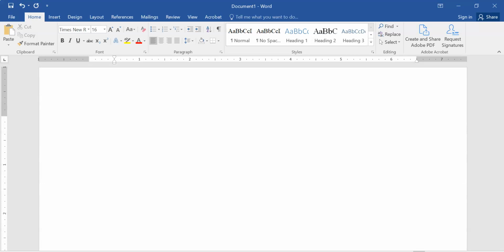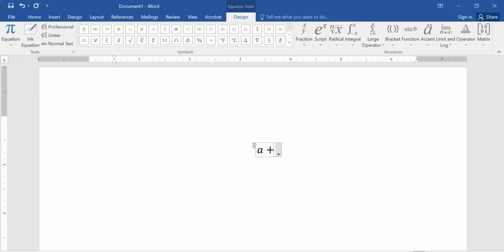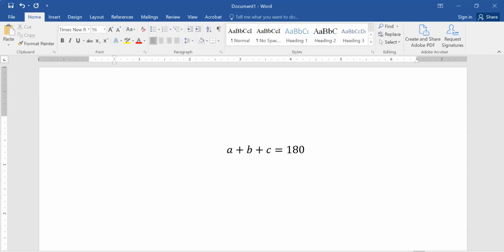The formula for 3 angles of a triangle is that the 3 angles, which we called A plus B plus C, have to add up to 180 degrees. By the way, if you want to put that little degree mark here as the exponent, you can do that as well if you'd like.